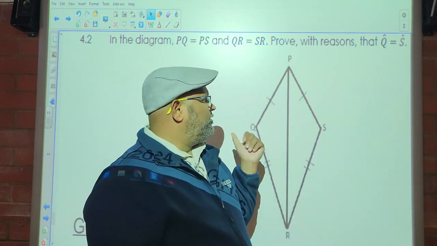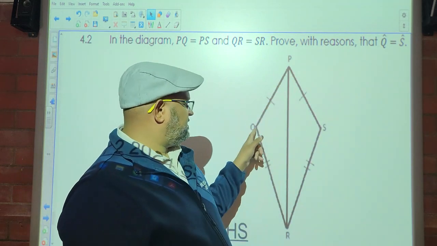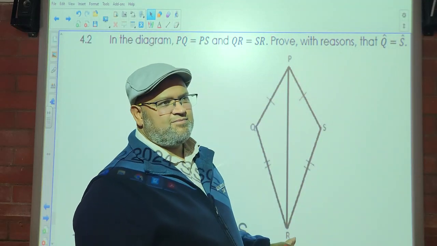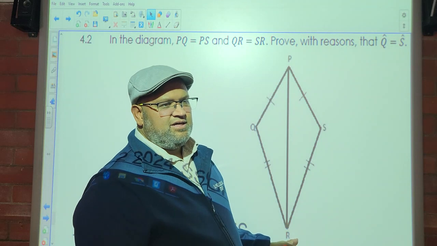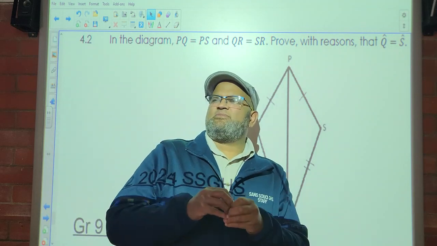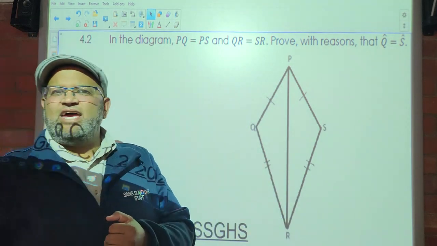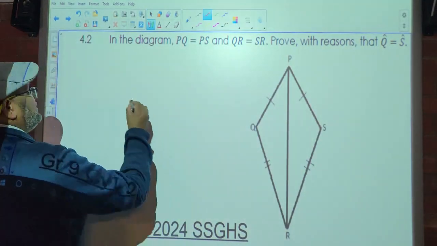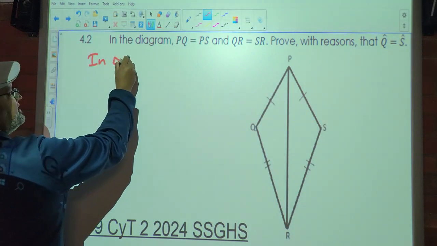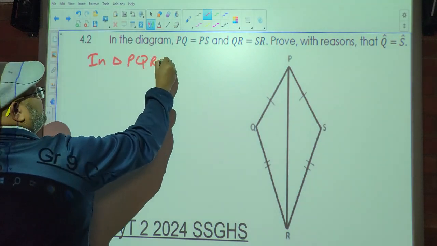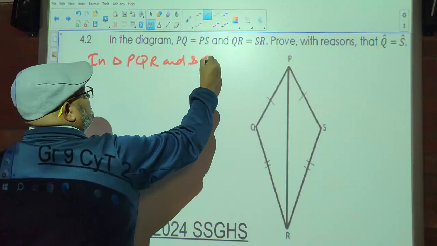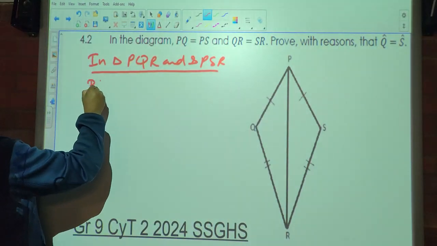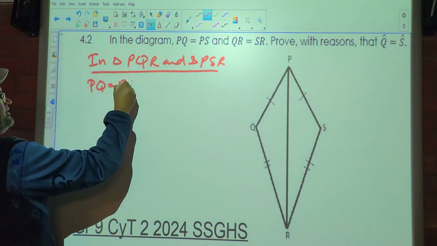Alright, so what you're going to do is prove that triangle PQR is congruent to triangle PSR. If both triangles are congruent, that means to say the corresponding sides and all the corresponding angles are equal. So I say in triangle PQR and triangle PSR, PQ is equal to PS. Why?